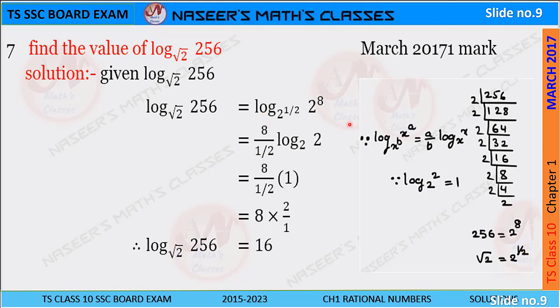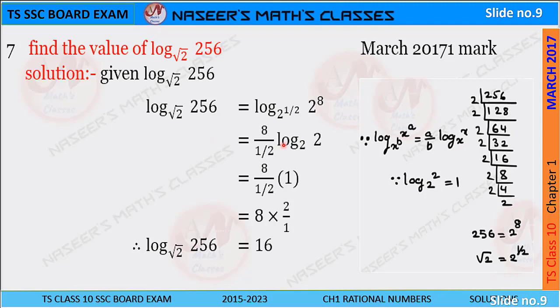By replacing these values, we can write it as log 2 power 8 base 2 power 1 by 2. So this is in the form of log x power a base x power b is equal to a by b log x base x.